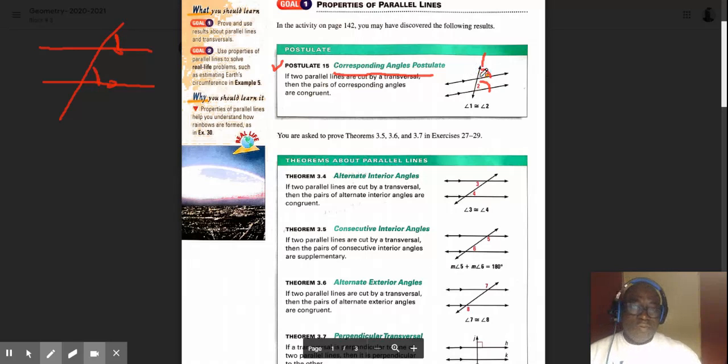So these two angles are corresponding angles. And according to this postulate, these corresponding angles are congruent, or the measures of these angles are the same.